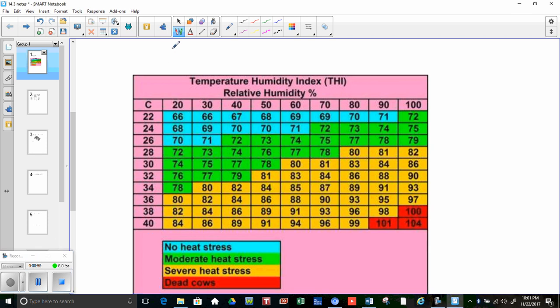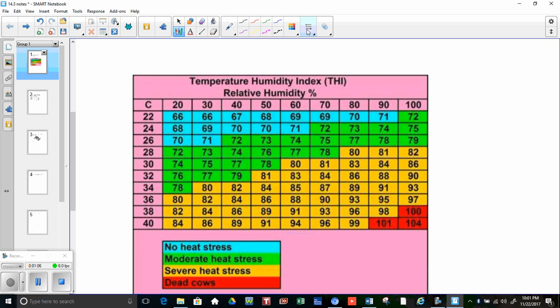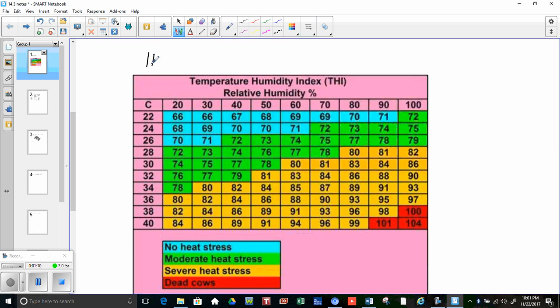Heat index. Oop, I'm not writing anything. Why am I not writing anything? That looks good. Let's see. There we go. Heat index. Stop writing. What is going on?